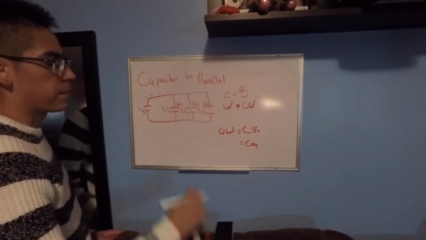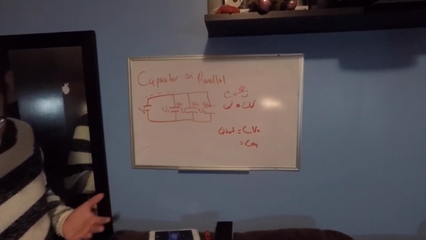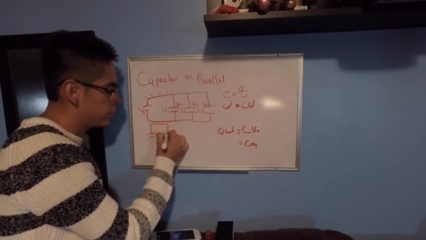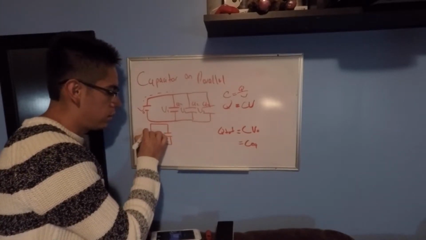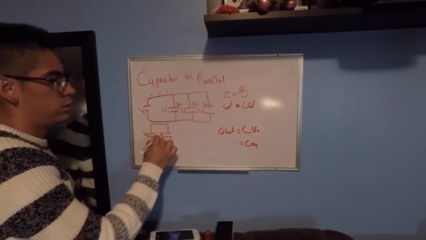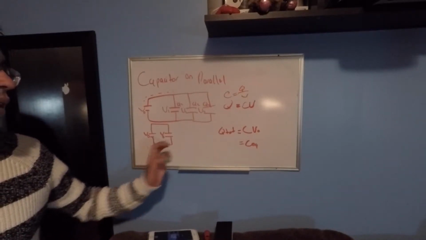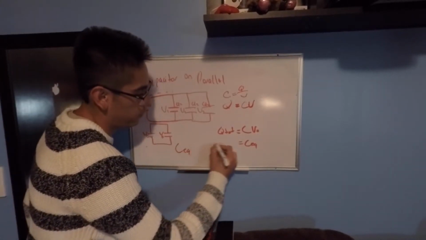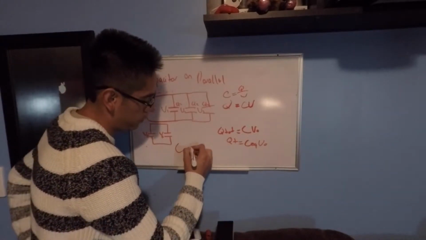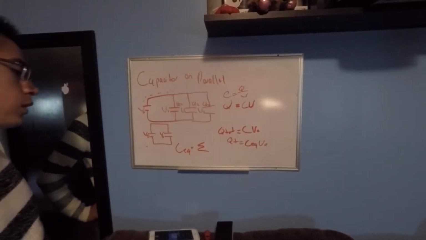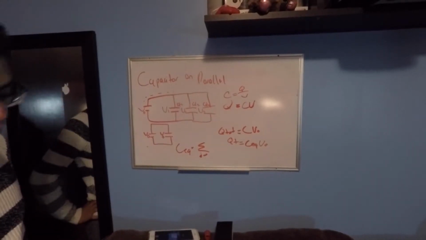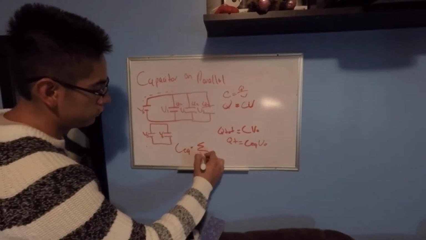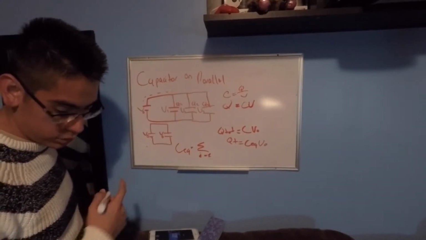Why? Well, because if we can make the circuit much simpler like this, because it has the same voltage and we have different charge, so the C equivalent will be equal to the sum from the beginning, the first one to the last one.